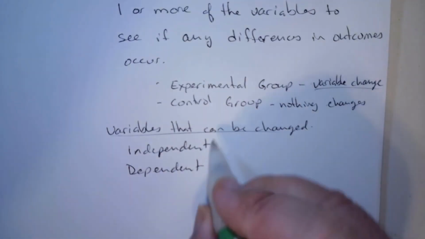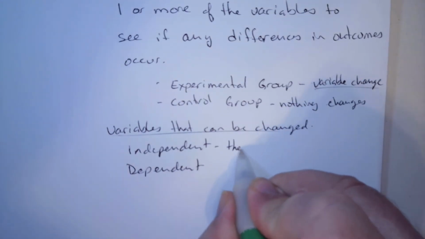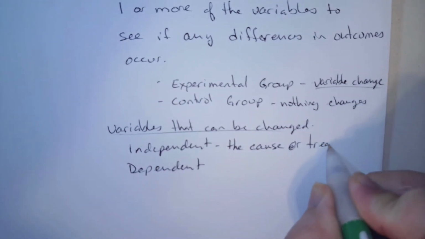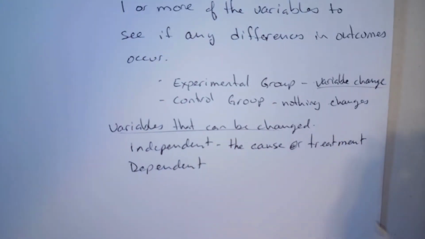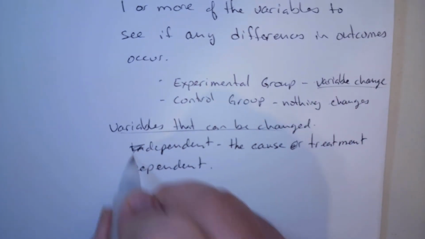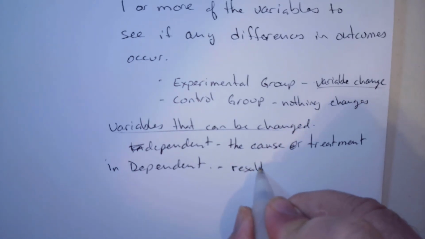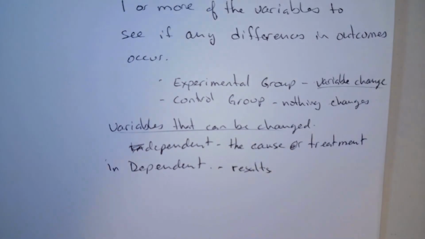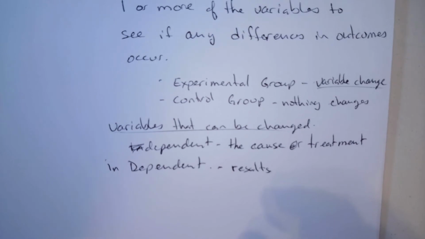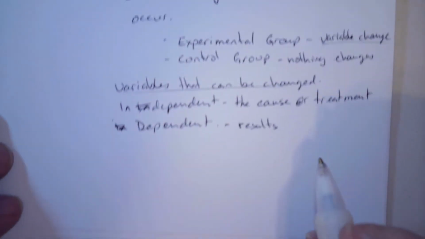Well, independent is the cause or treatment, and that's dependent. I'm sorry. Independent is the results. And I'm sorry, I had it right the first time. The independent are the cause or treatments, the dependent are the results. Think of mathematics.